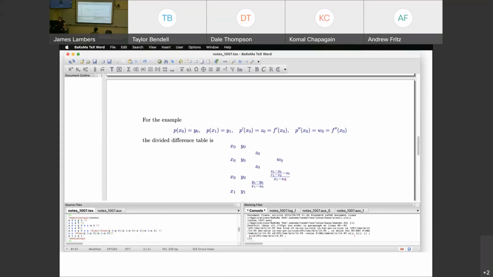Okay. Now, there's one divided difference left. That would be this minus this divided by x1 minus x naught. I'm not doing that one. Well, I'll write out what it would be, like the general notation for divided differences.